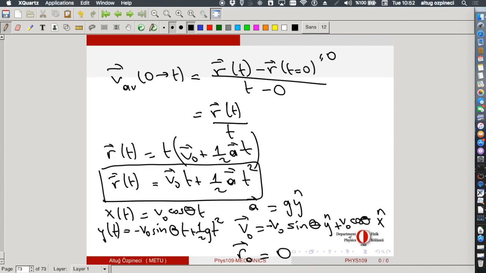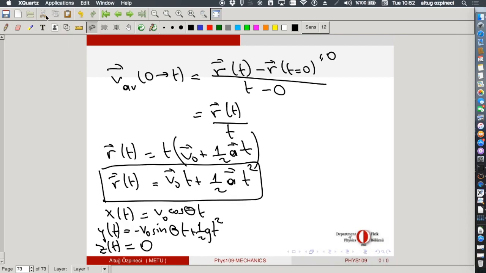The z component is 0. v0 doesn't have any z component, and a doesn't have any z component. And these are the x, y, and z components of the position of our object as a function of time. Now let's see how they look.